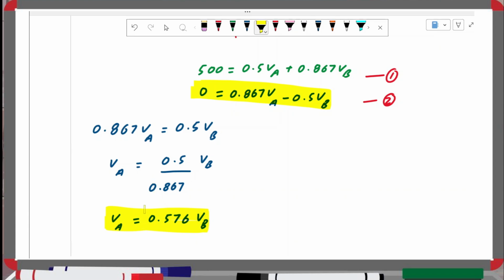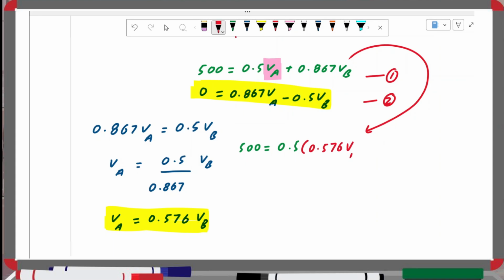For example, I'm going to insert it in the first one. So 500 as it is equals 0.5, but instead of VA, I'm going to write this value, plus everything else as it is.